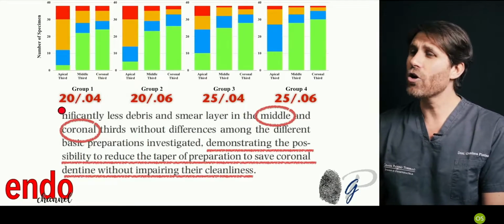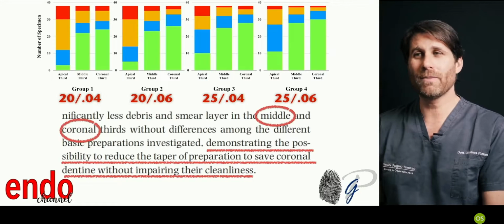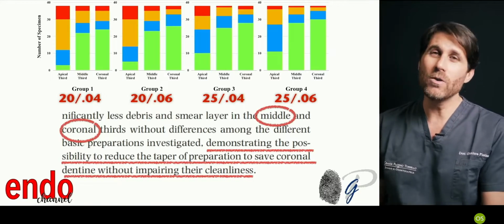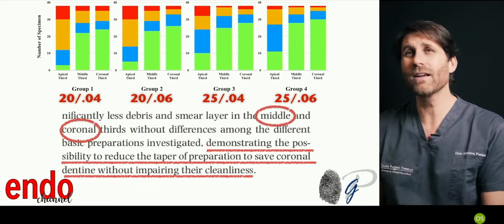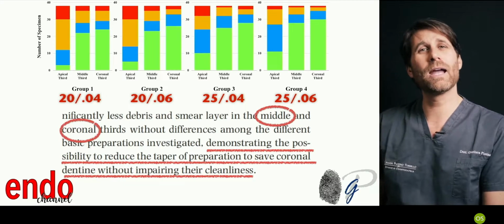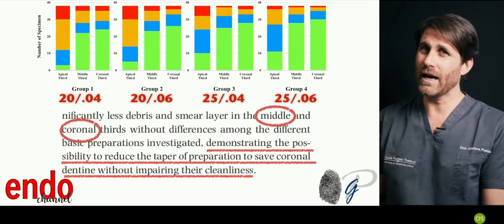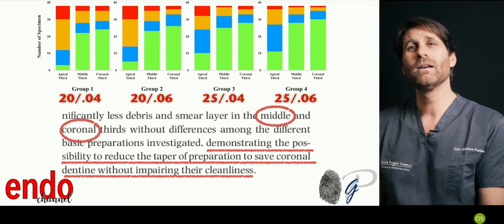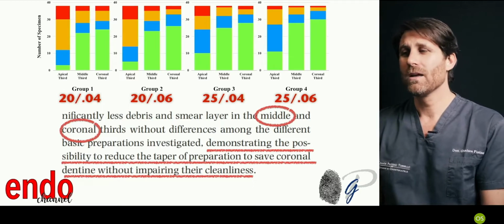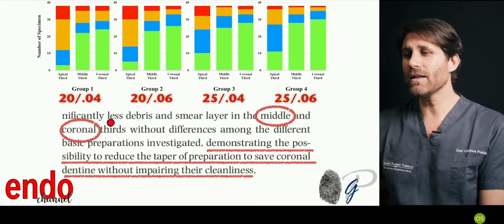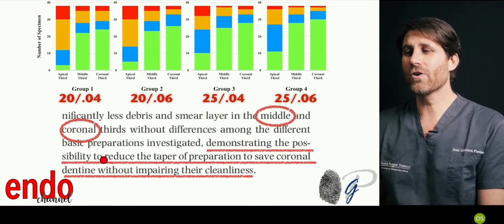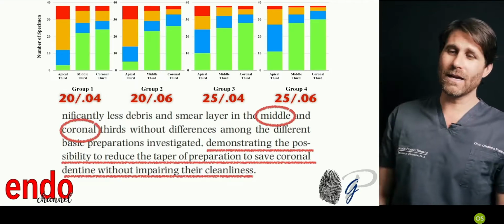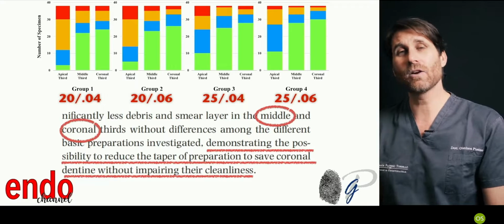If we reduce the taper of the preparation, we can clean very well because we can act there with the irrigants and the activation of the irrigants, and we can clean very easily. This approach demonstrated the possibility to save coronal dentin without impairing the cleanliness. This is in the coronal and middle third.